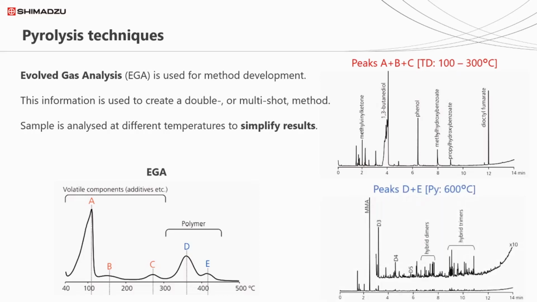The sample is then dropped back into the furnace to undergo flash pyrolysis. This can be an effective way of removing some complexity from the chromatograms by splitting the results onto two or more separate chromatograms. Not all instruments are capable of performing double-shot pyrolysis, so be sure to select your pyrolyzer carefully if this is something you're interested in doing.